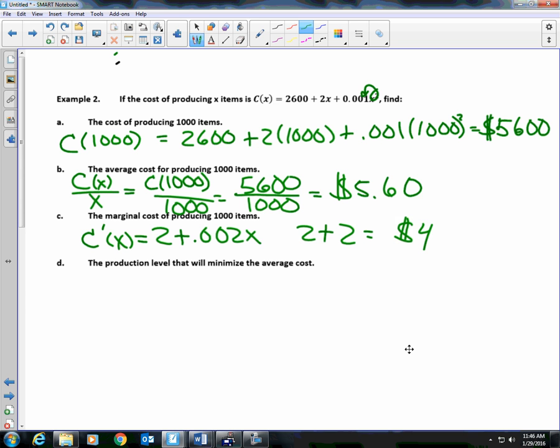Exactly. Okay, good job. Now, let's think about this. The 1,001st item will be approximately $4 to produce. Now, consider these two pieces. The average cost of producing 1,000 items, think about this. Does it make sense that the average cost of producing 1,000 items is higher than the cost of producing the 1,001st item?